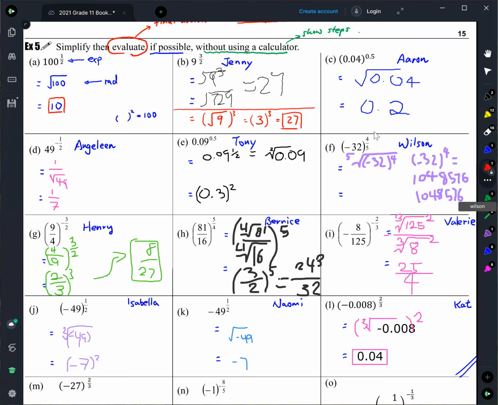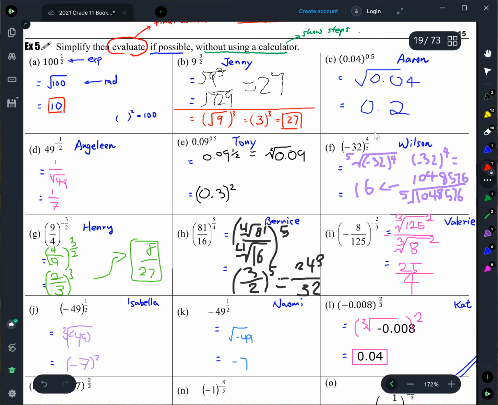Wow, Wilson, what you doing? That's a huge number. Did you get that from a calculator? You cannot use calculator though. 32 to the 4. How did you get that number? I did negative 32 to the power of 4 and then took that number with a calculator.